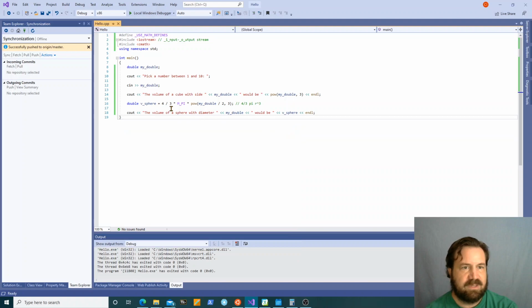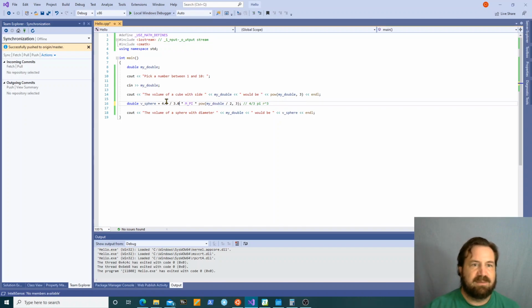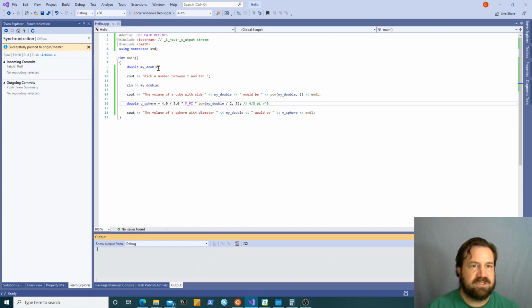Now, it occurs to me that we really should make sure we had enough doubles in this equation that C++ was treating this as double math, but we really should put this as 4.0 divided by 3.0, just to make sure.